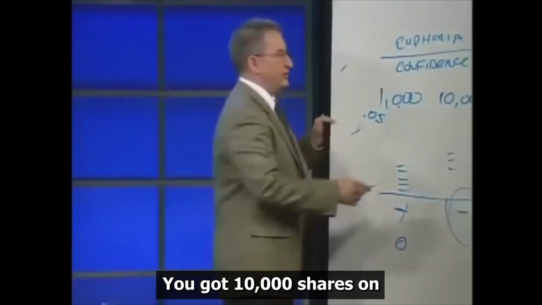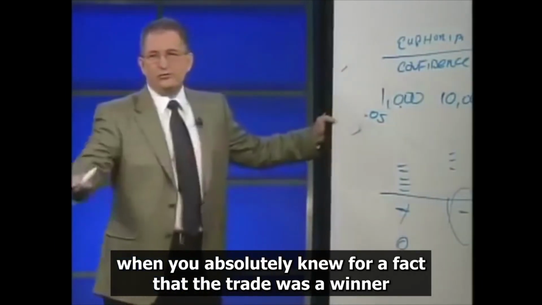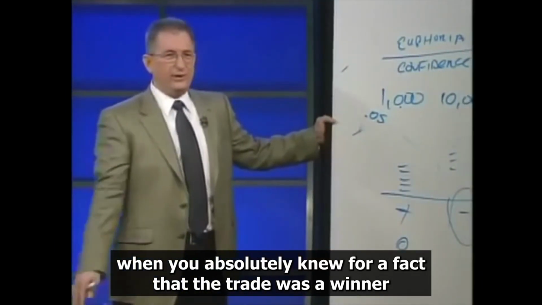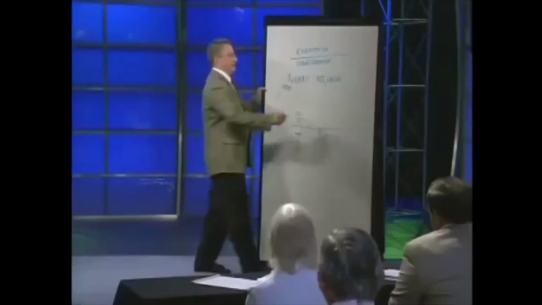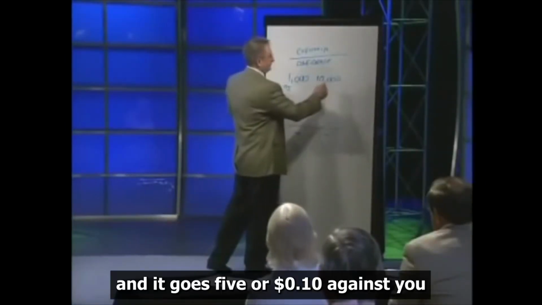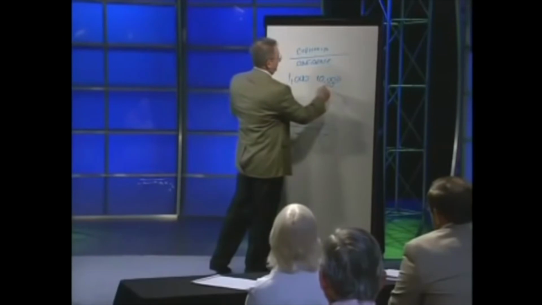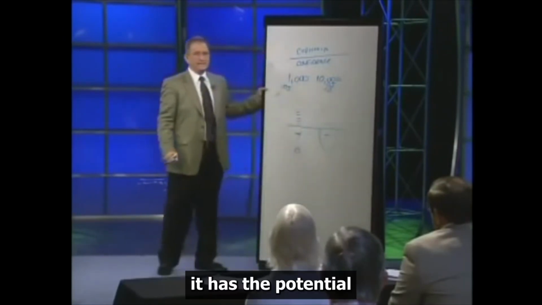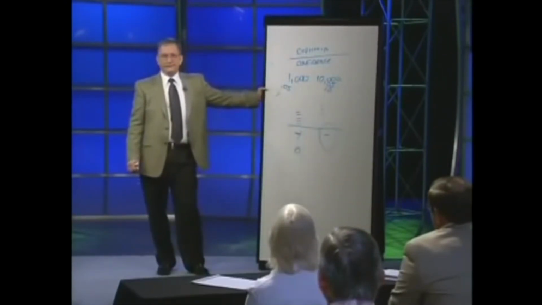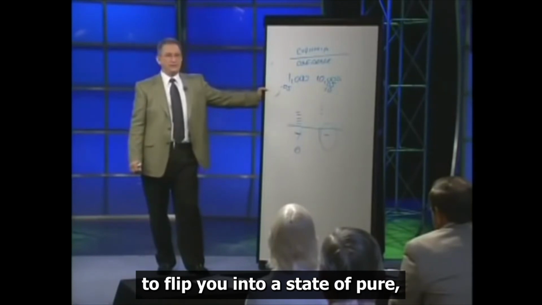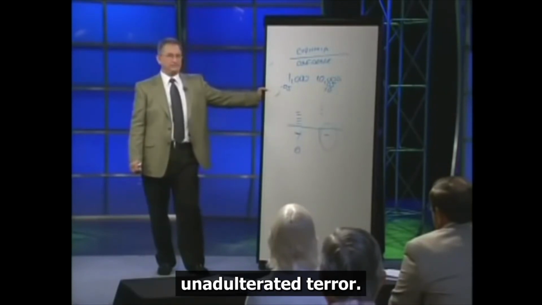But you got 10,000 shares on when you absolutely knew for a fact that the trade was a winner, and it goes 5 or 10 cents against you. It has the potential to flip you into a state of pure, unadulterated terror.